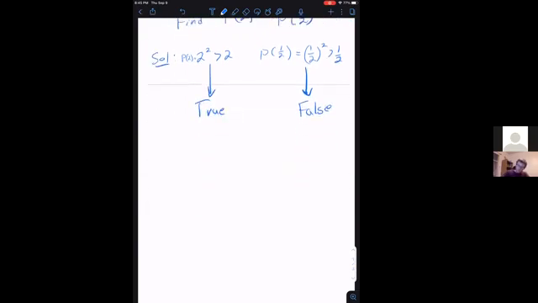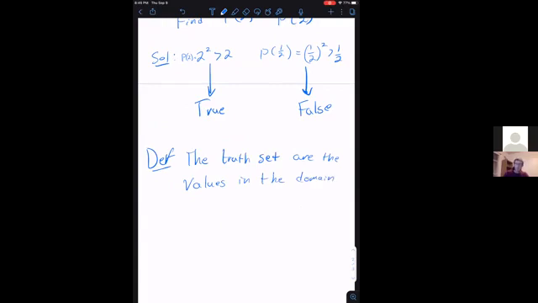So the truth set is the values in the domain that make P of X true.